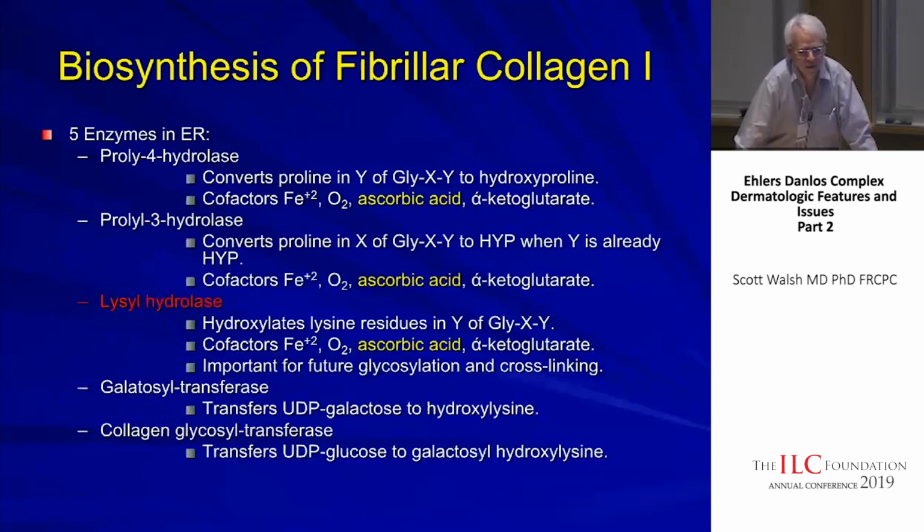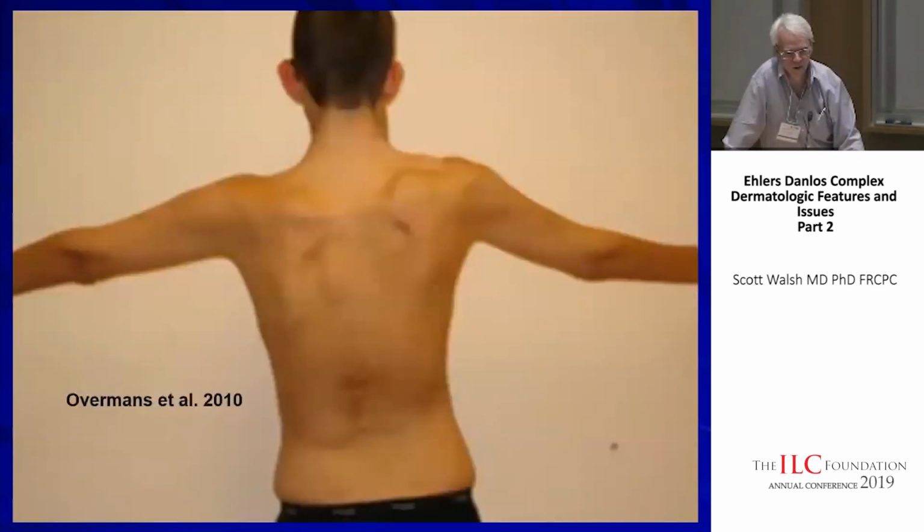Within the cell, there are many other things that have to happen to the collagen molecule. So it has to get sugar on it. Sugar helps control the pH and the stickiness of the collagen. It has to get hydroxyl groups on it. And these are things that will help later bind collagen together. When these are wrong, you get another form of Ehlers-Danlos.